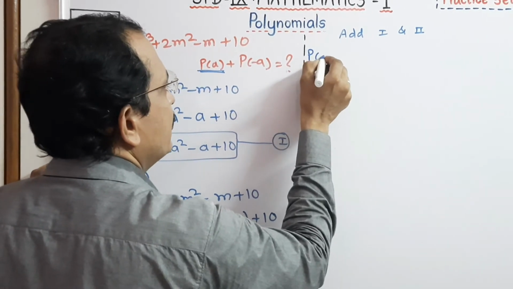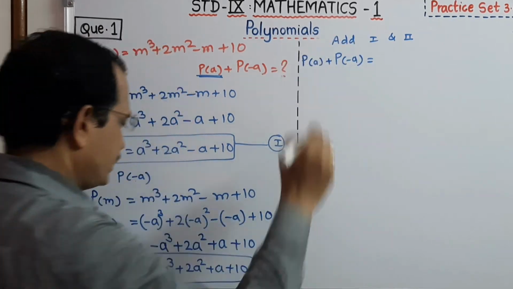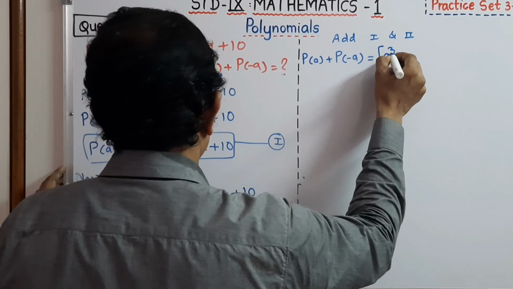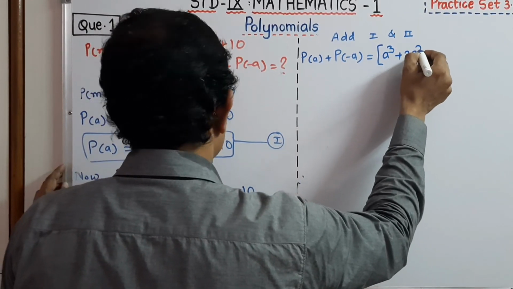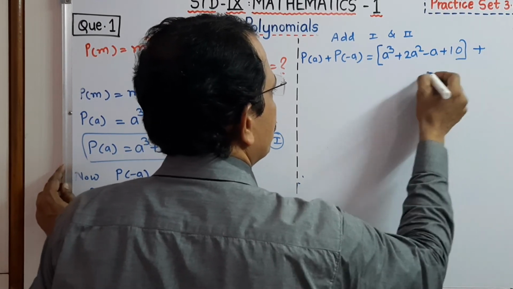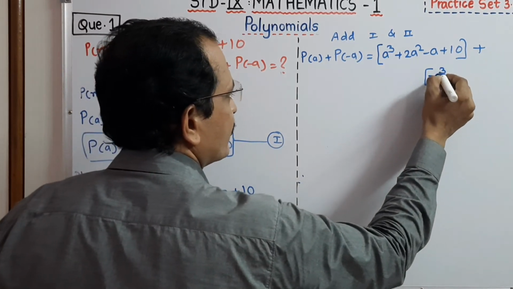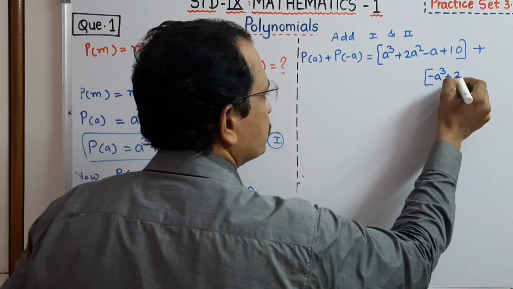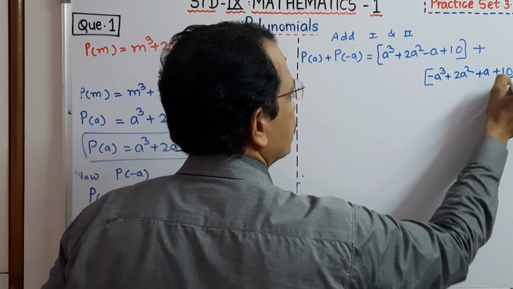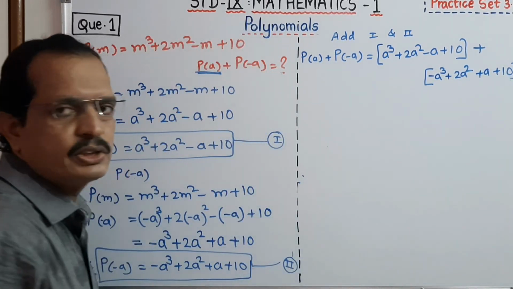P(a) plus P(minus a) is equal to, first we have to write a cube plus 2a square minus a plus 10, plus, we have to write this, minus a cube plus 2a square plus a plus 10. Dear student, see, we have to make the addition.